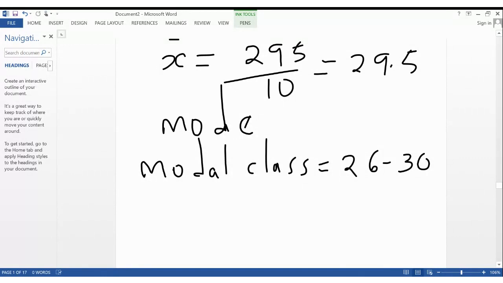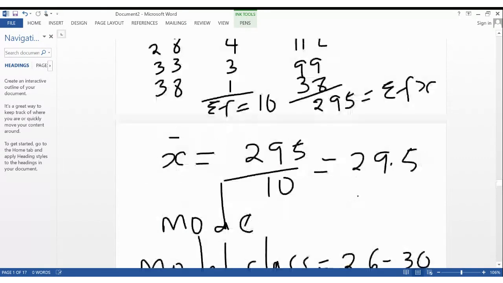So for the mode, the lower class boundary for this one will be 25.5 plus, and then we take the what? Our f naught, that highest frequency, was 4. Then the frequency before that, on the table, was 2.